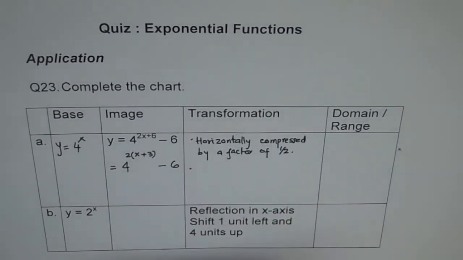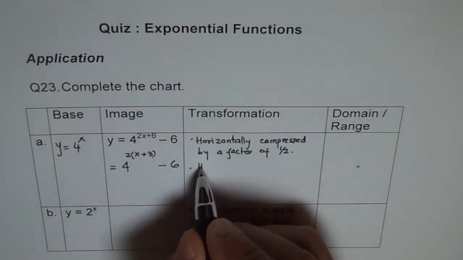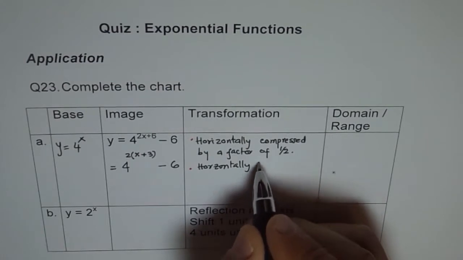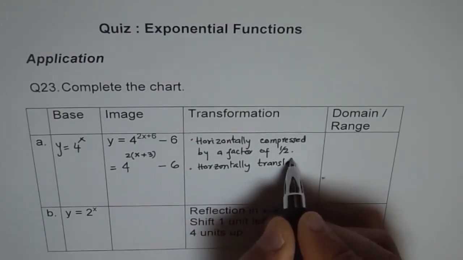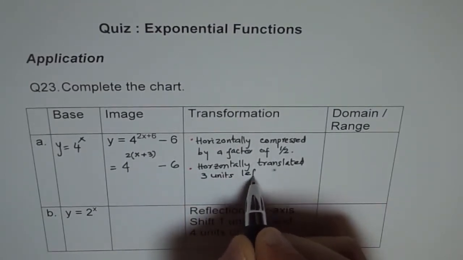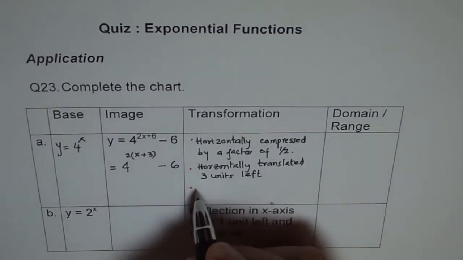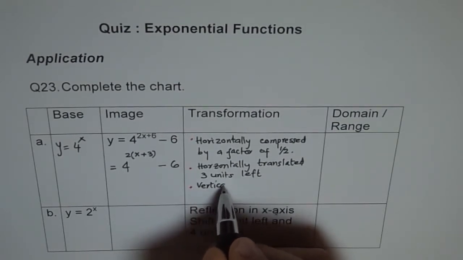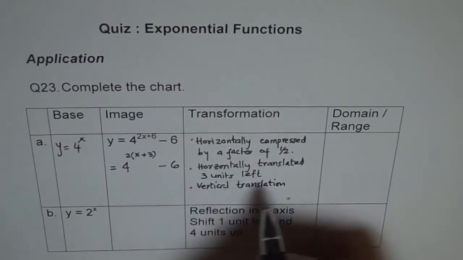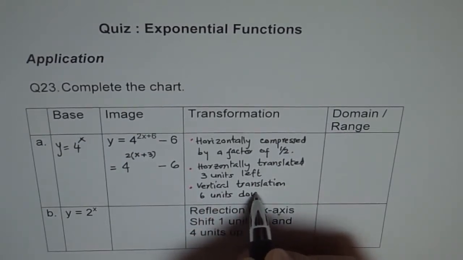And then we have horizontally translated 3 units to the left. Correct? And the last one is a vertical translation of how much? 6 units, 6 units down. Is it okay?